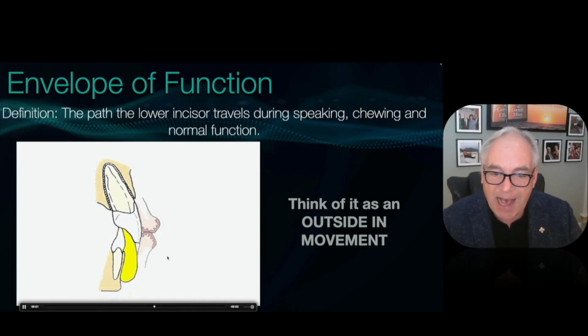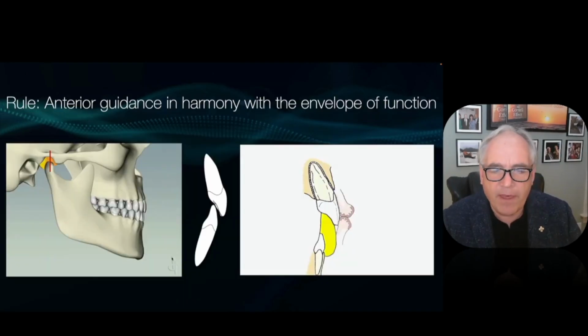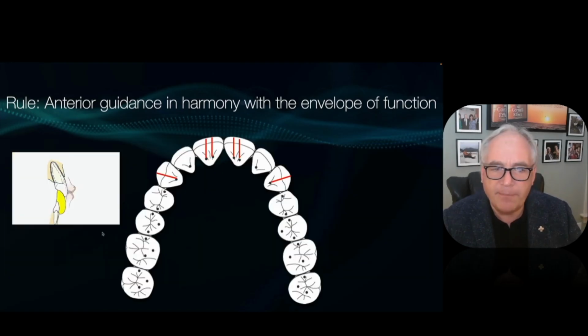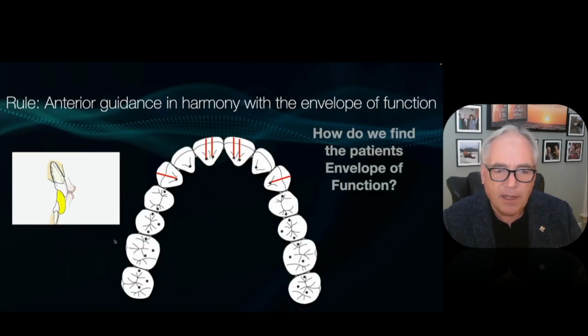And if it's not, we'll feel fremitus, lower incisors will wear, upper teeth will move, it will not be stable. So remember this rule that the anterior guidance has to be steep enough to exclude the back teeth when we go inside out, and it's got to be concave enough to be in harmony with the envelope of function when we go outside in. Really, really important concepts here.